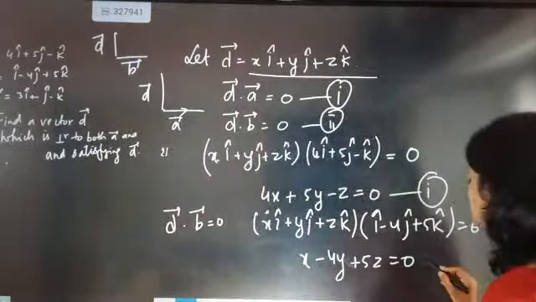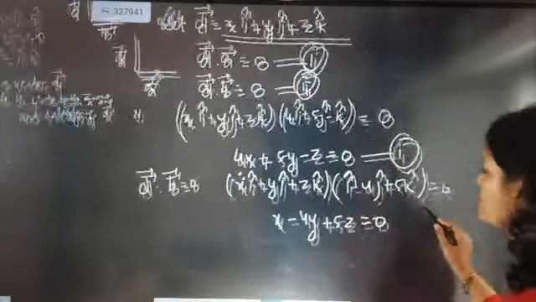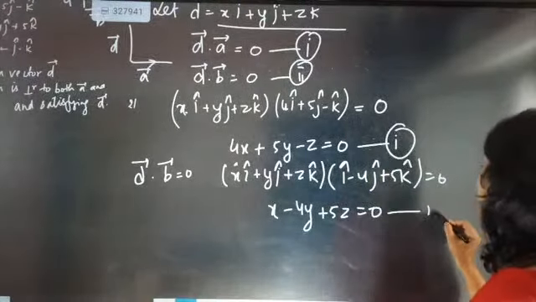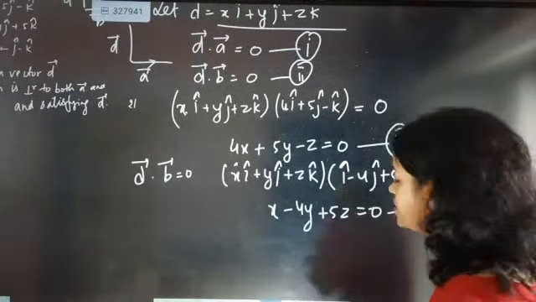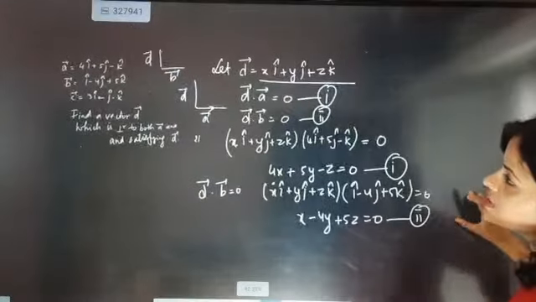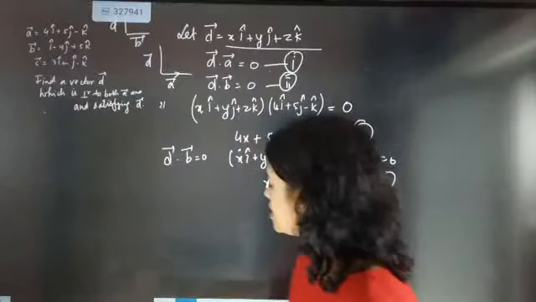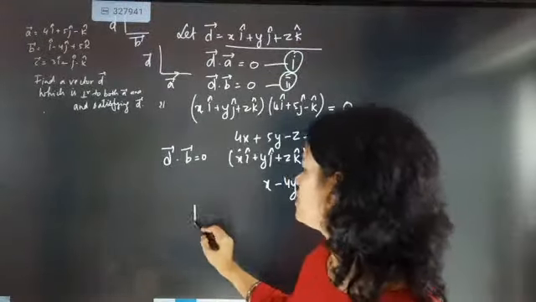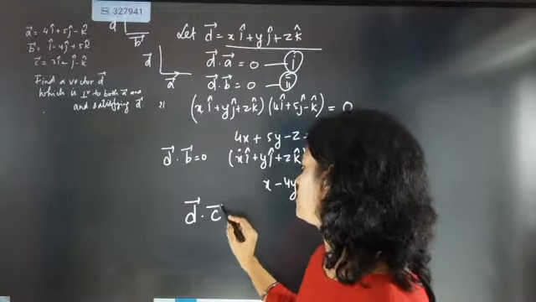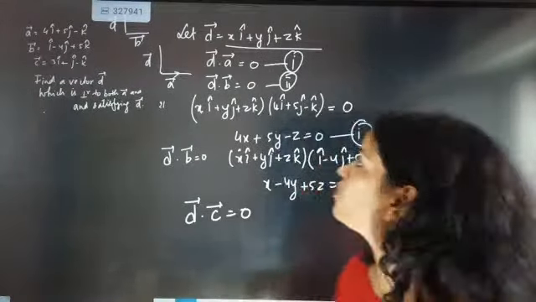So this part is coming. So this we are going to take as equation 2. One more thing they have given, and that is d vector dot c vector will be equal to 21. Now what is d vector?